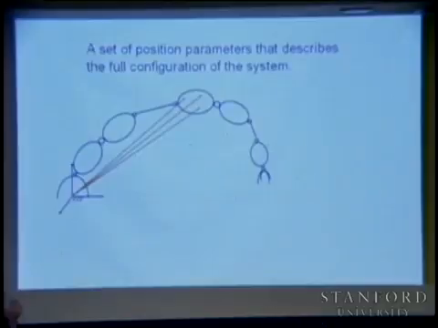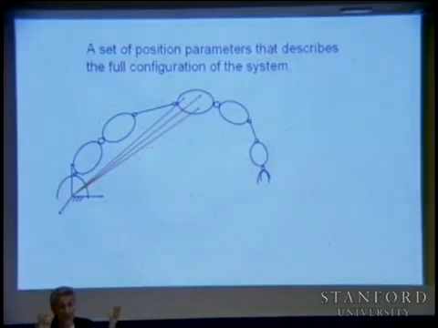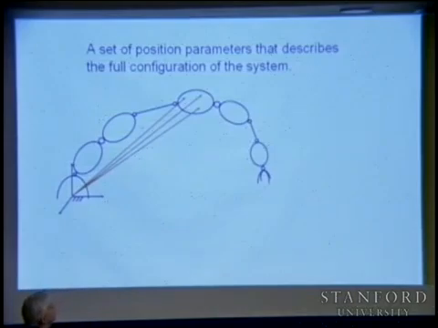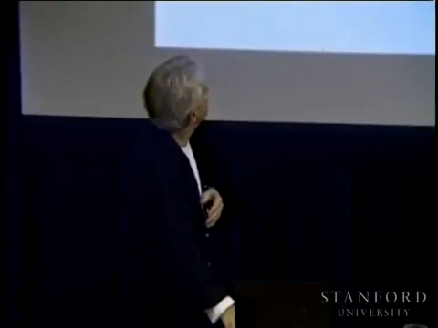So the description of the position using a set of configuration parameters can involve a large number of parameters, and each of them is fine. So any set of parameters that describe fully the configuration is called a set of configuration parameters. So in this case here, we have 9 parameters per link.